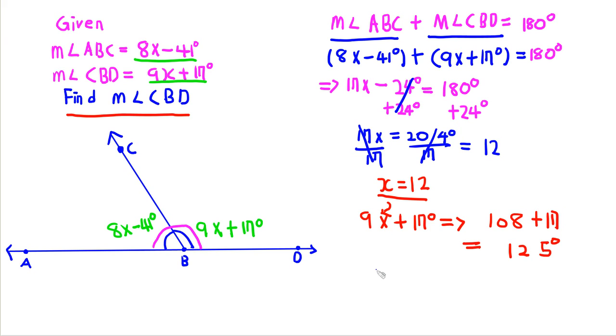So we can say that the measure of angle CBD is equal to 125 degrees.